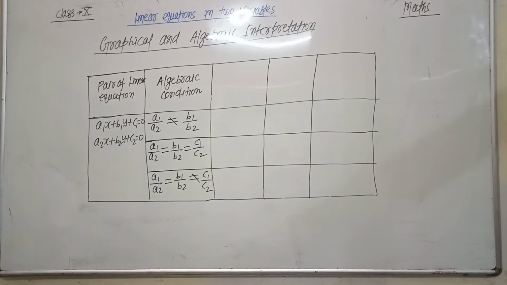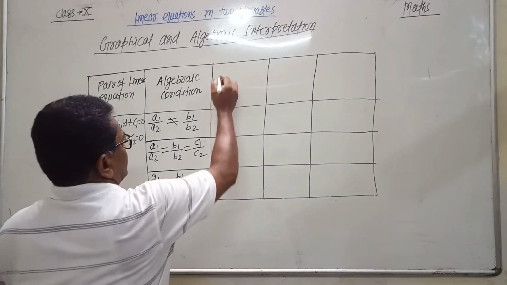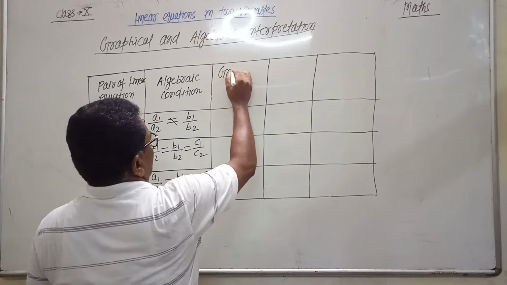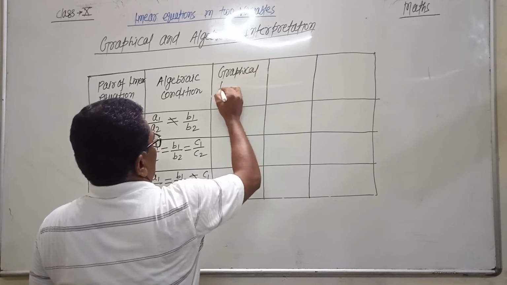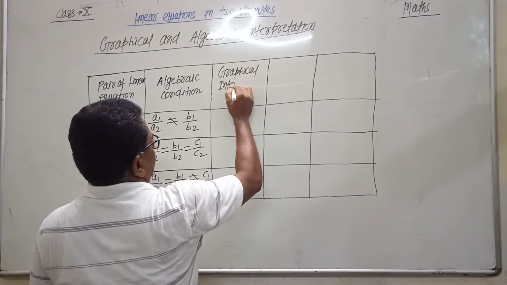Now, graphical interpretation. In this table we see the graphical interpretation.